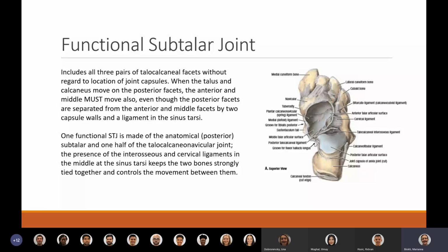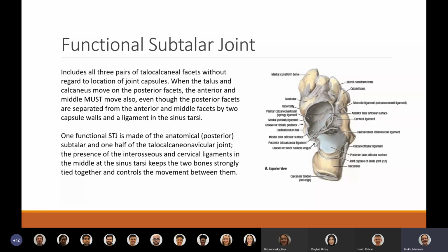When we talk about functional joints, joints are never isolated in the foot, right? One joint affects the movement of another. So when we talk about the functional subtalar joint, all these joints are important in working together, even though there's a separation by capsule or by a structure.